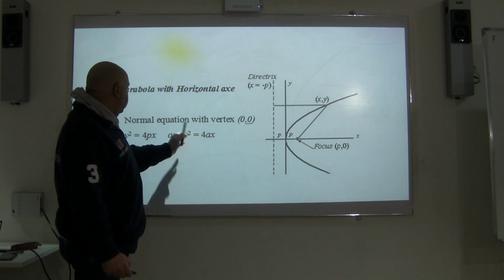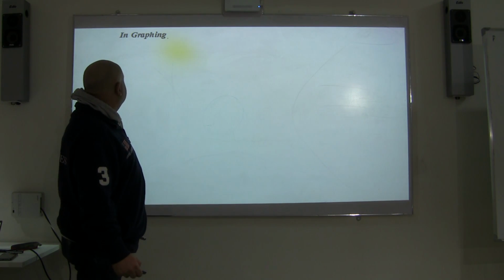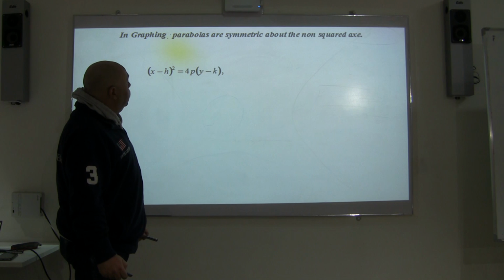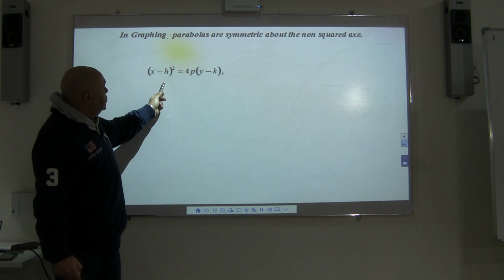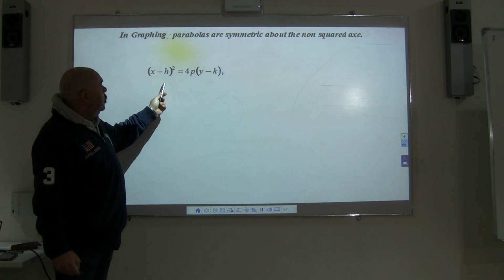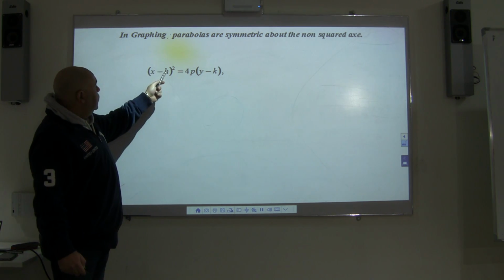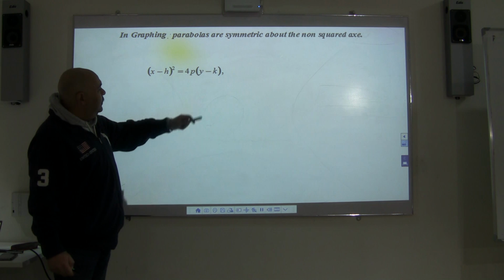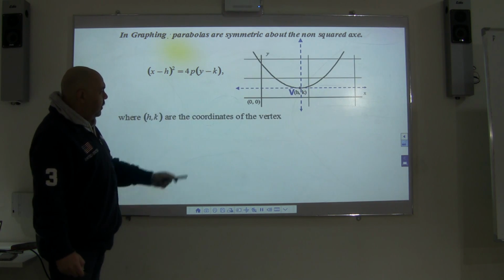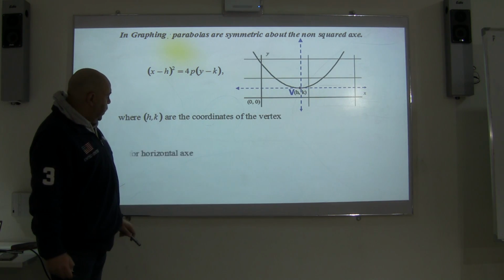So this is once more the equation as I told you about. In graphing, a parabola is symmetric about the axis with no square. This is the general case of an equation of a parabola, where the vertex is going to be h and k. This is the shape. Okay.